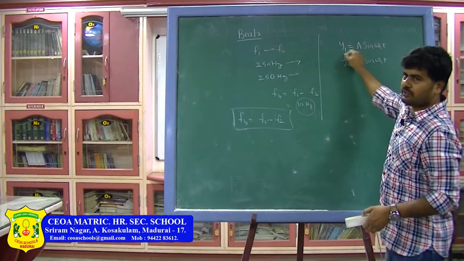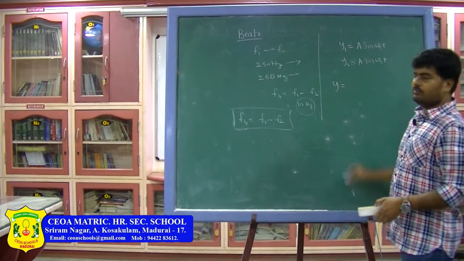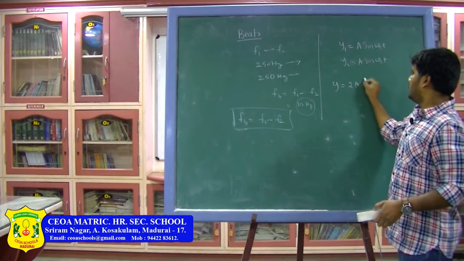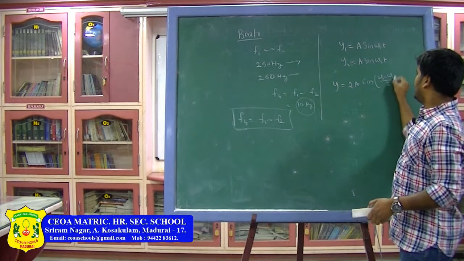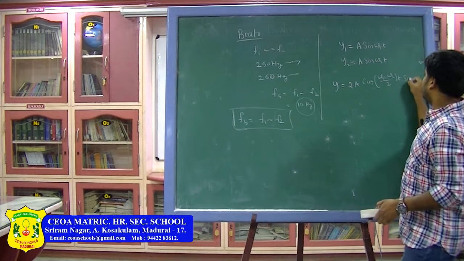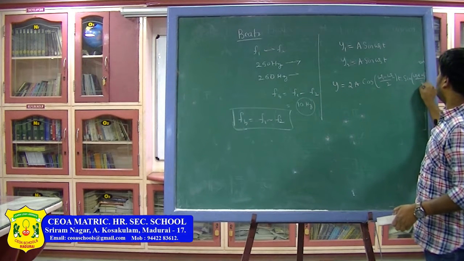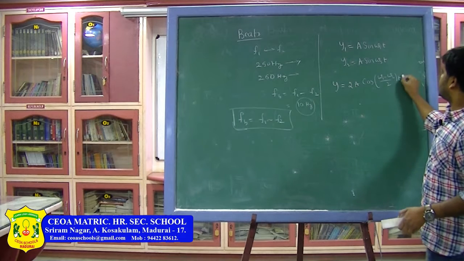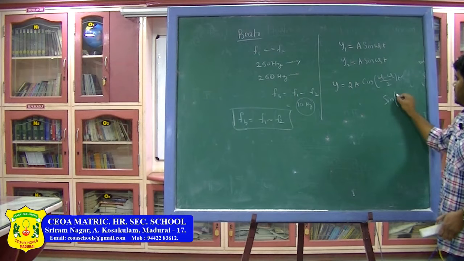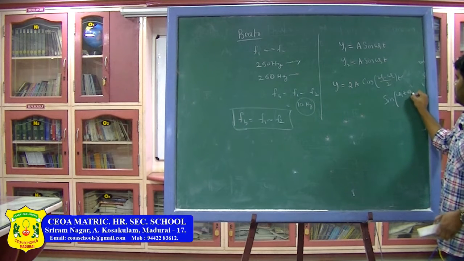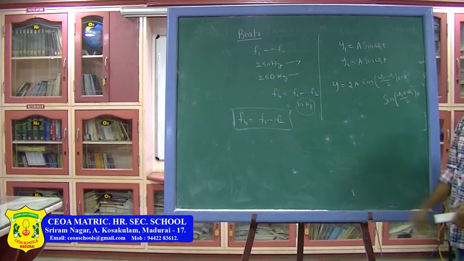If these two waves undergo superposition, the resultant wave will be of the form 2a cos of (omega 1 minus omega 2) by 2 into t, into sin of (omega 1 plus omega 2) by 2 into t. So, this is the resultant wave when these two waves undergo superposition.